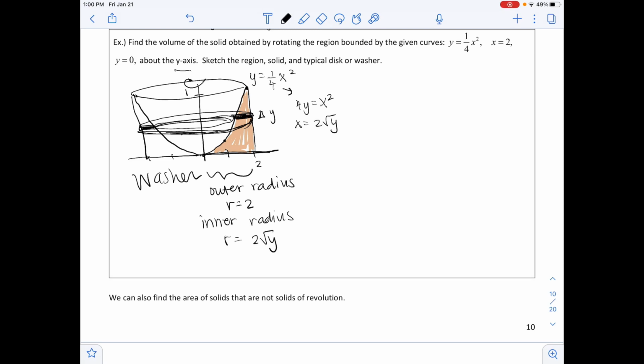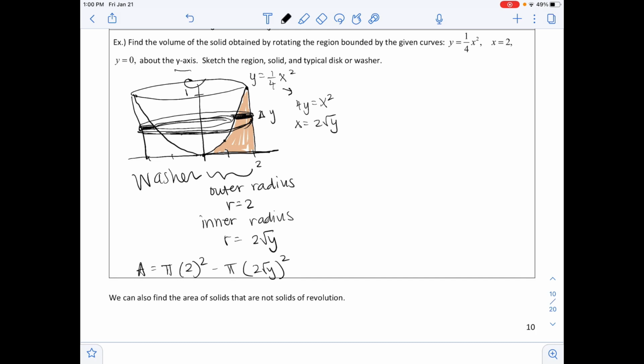And so in order to find our area here, we are going to do pi times the outer radius squared, so times 2 squared, minus pi times our inner radius, which is 2 square root of y, squared.